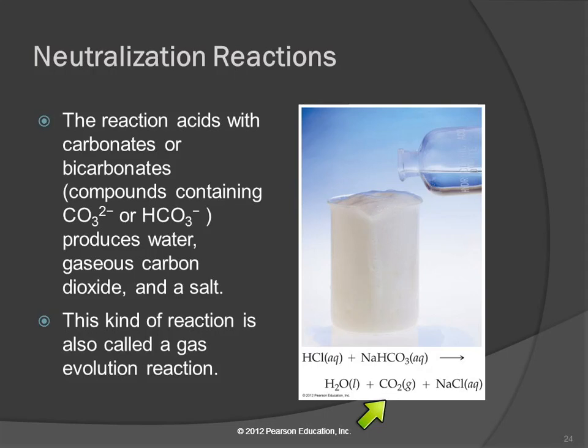So there are neutralization reactions that also form carbon dioxide. They usually involve either a carbonate, which is CO3, or bicarbonate, which is HCO3, also called hydrogen carbonate. And the products are going to be gaseous carbon dioxide and a salt. And this is also called a gas evolution reaction because it gives off a gas.